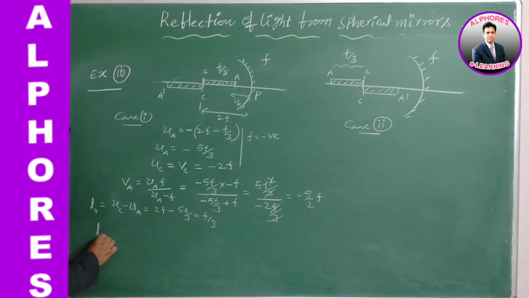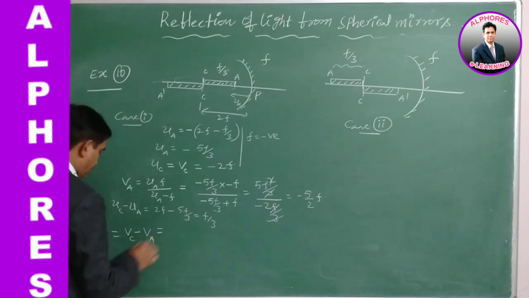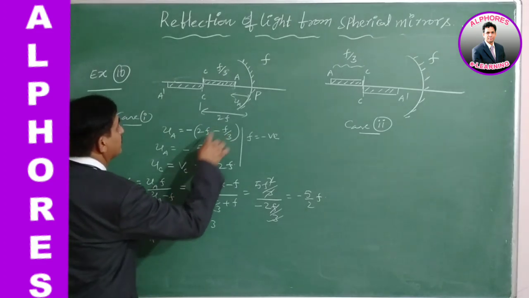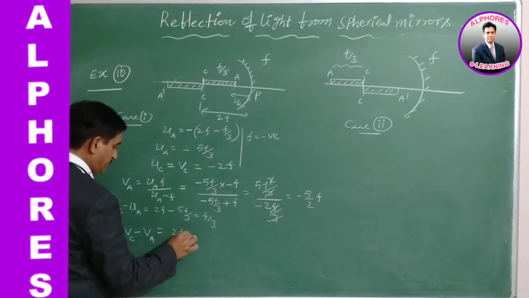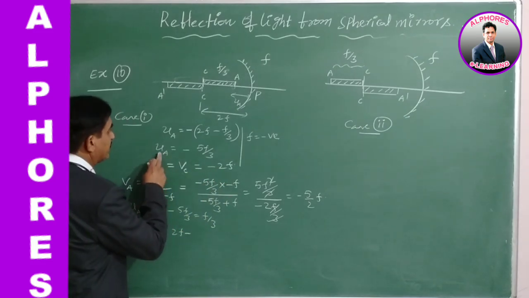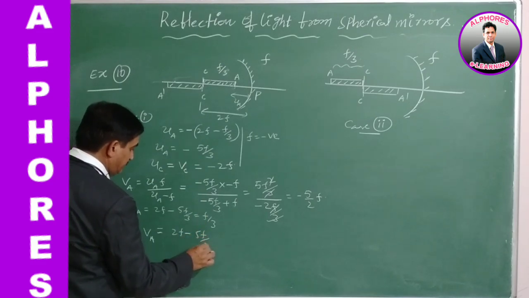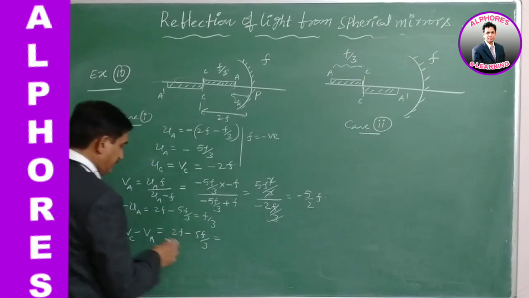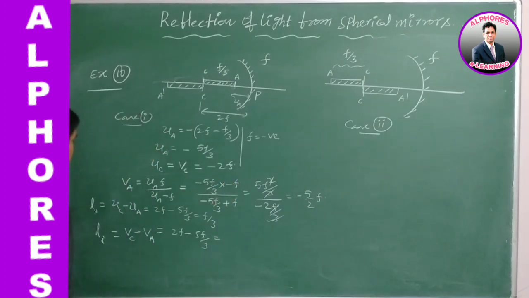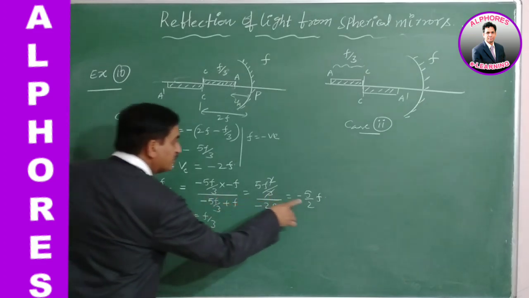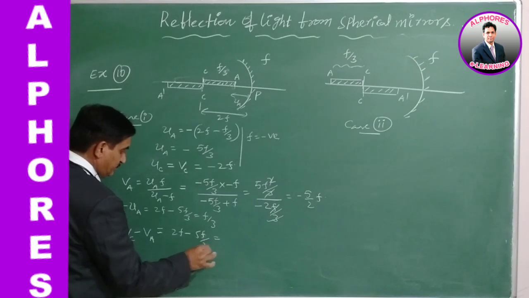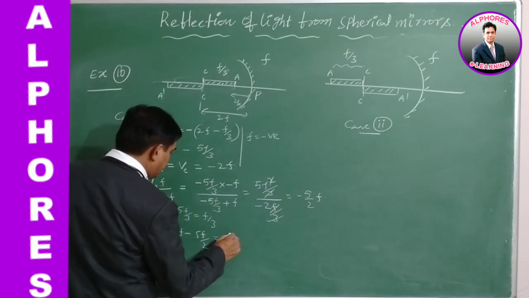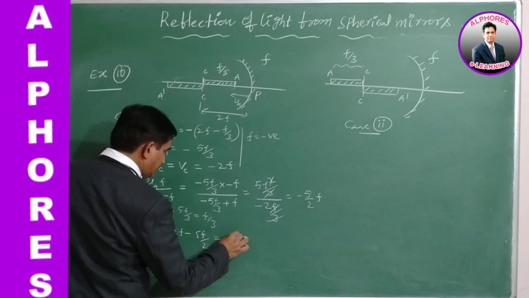And the image distance is similarly VC minus VA, same order, C to A, where VC is 2F minus VA, with VA corresponding to 5F by 3. Just take magnitudes. So how much are you getting? F by 2. VA is how much? 5F by 2. Therefore it is 4 minus F by 2.